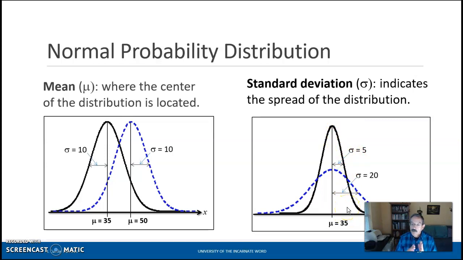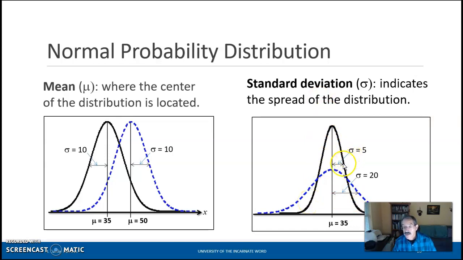So the more variable the distribution, the wider it becomes; the less variable, the narrower and the taller it becomes. And the more variable, the wider and the shorter it becomes. The reason that one gets taller and the other one gets wider is because the total area under the curve must be 1.